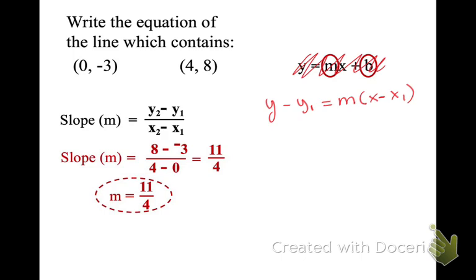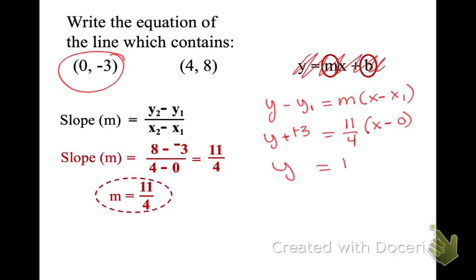So, if I have my slope, I'm substituting it in. I can choose either point. In this case, both would be pretty easy. So then I have y equals 11 over 4 x, and then I have to subtract 3, so I get y equals 11 over 4 x minus 3.